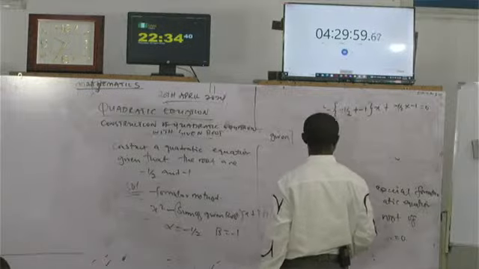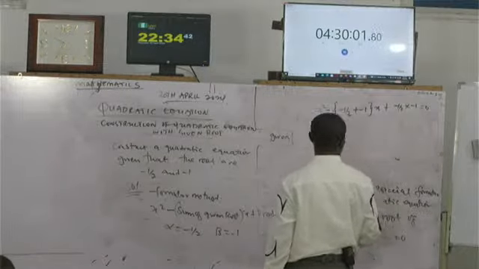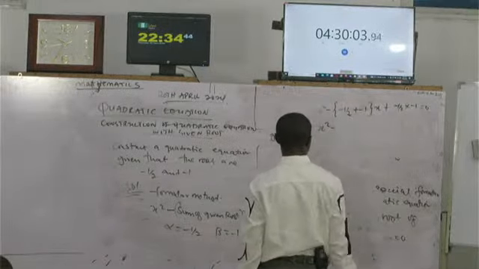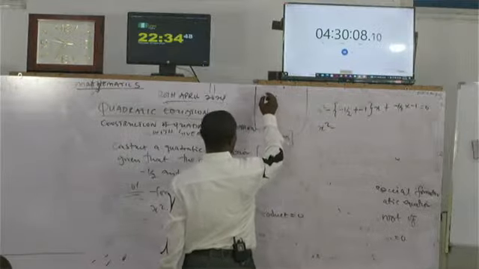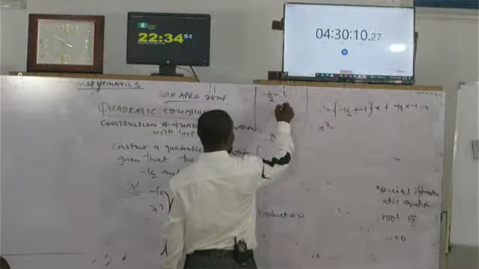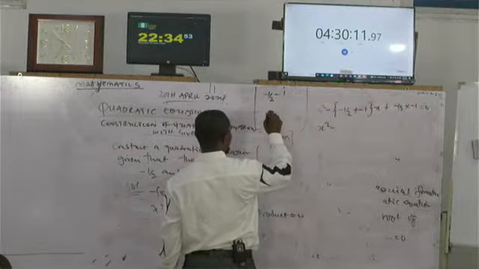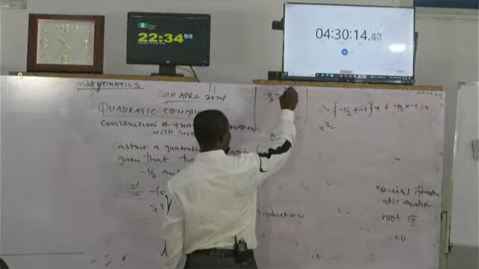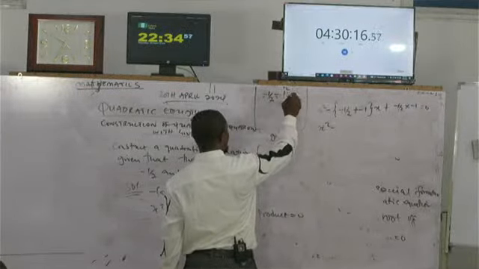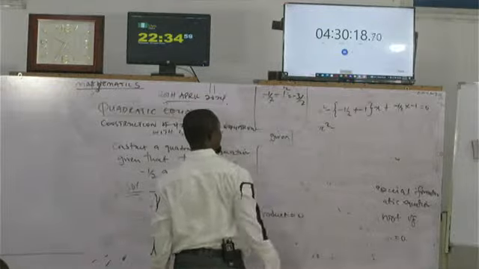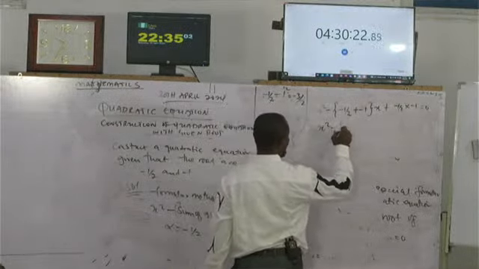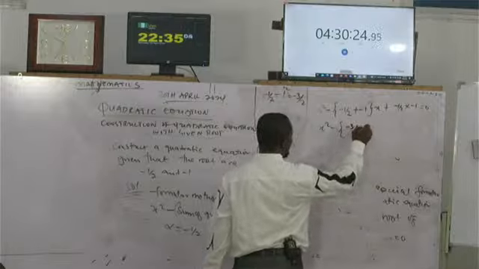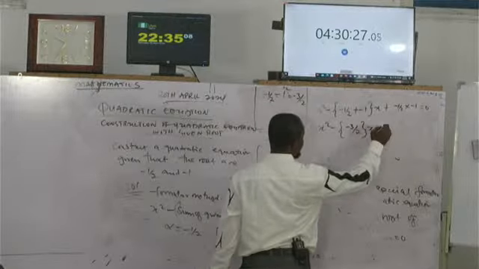x squared minus... you know that minus plus times minus is minus. So what we have here will now be minus 1 over 2 minus 1. The LCM is 2. 2 times 1 is 2. Minus 1 minus 2. This becomes minus 3 over 2 x.